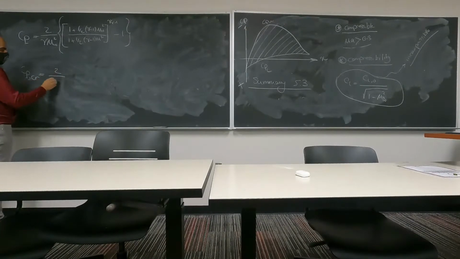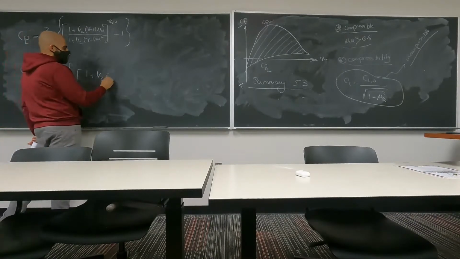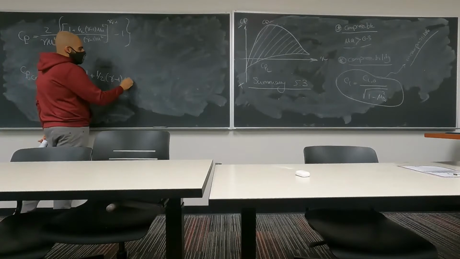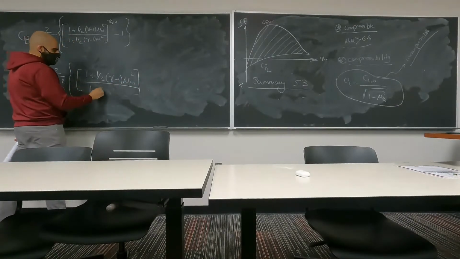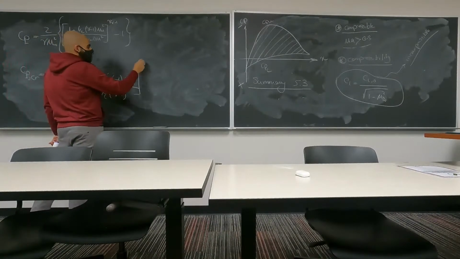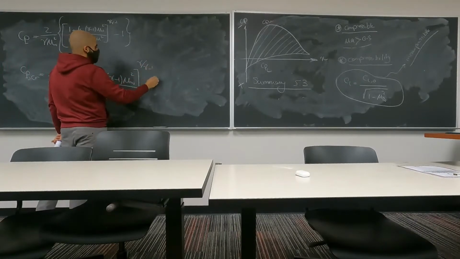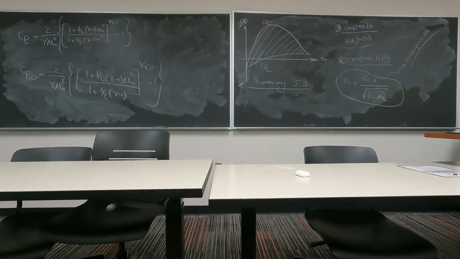The definition for critical pressure coefficient was the location at which you're going to get a local sonic velocity. So we are going to put Mach number equal to 1 here, and everything else is going to remain the same. Any questions so far?